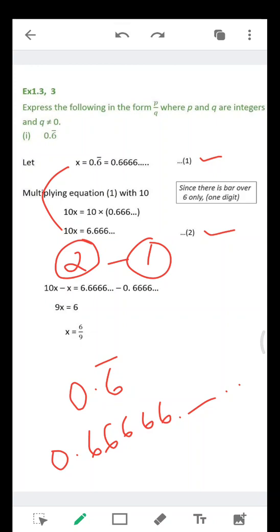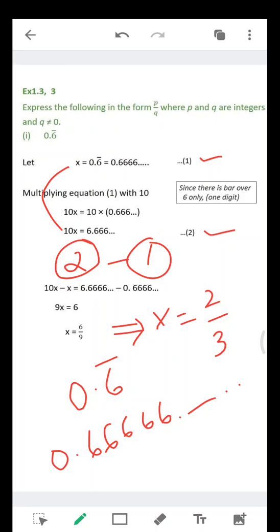So finally I get 9x is equal to 6, and x is equal to 6 by 9. 9 goes in the denominator. When you simplify it further, you can cancel this 6 by 9, you will get 3 twos and 3 threes.